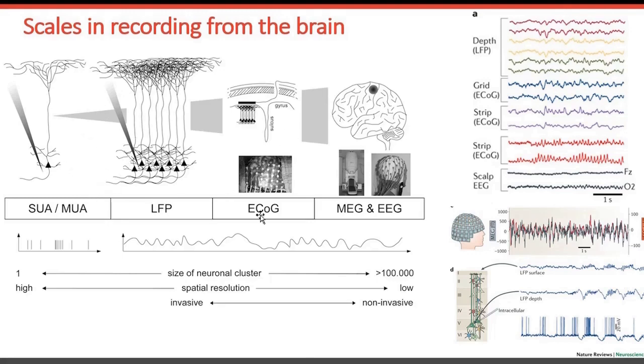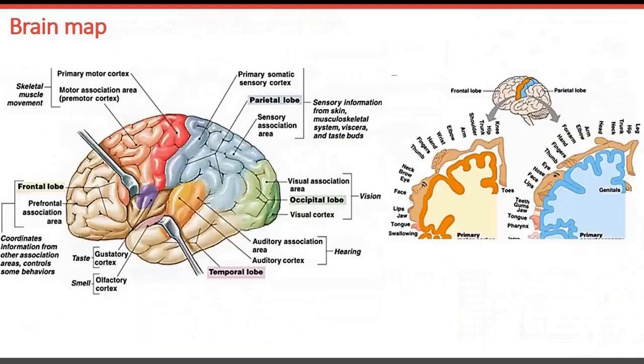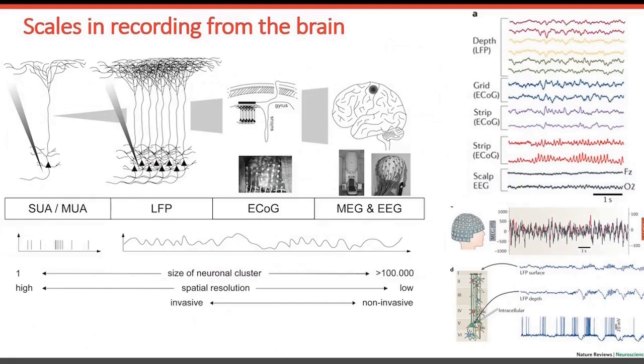While ECoG, electrocorticography, represents recording over a large area of the surface of the cerebral cortex of the brain. And scalp EEG and MEG, as I have already mentioned, record magnetic fields that are produced by electrical currents, from the surface of the scalp.